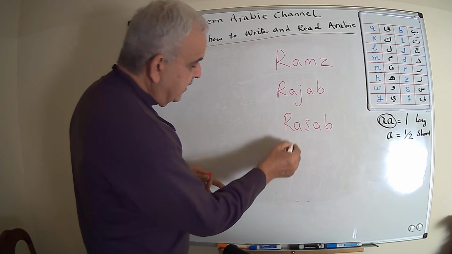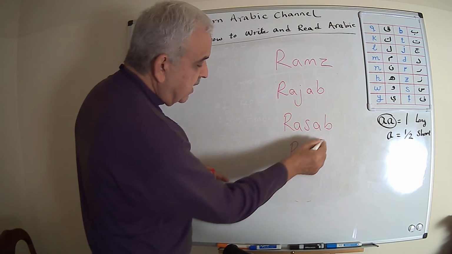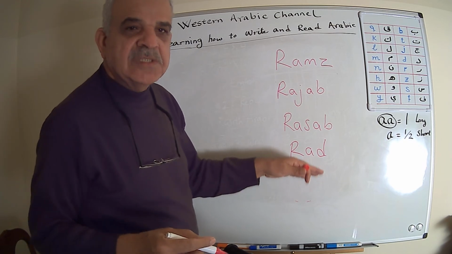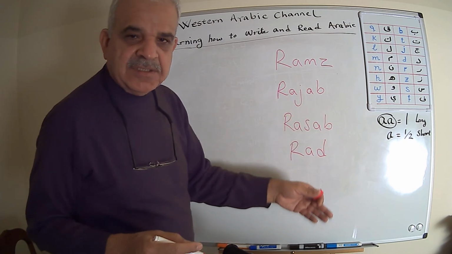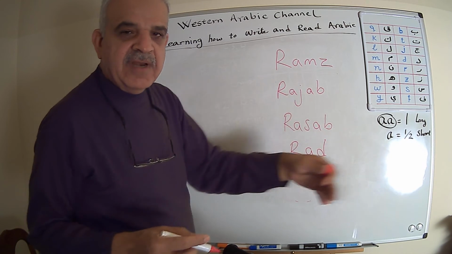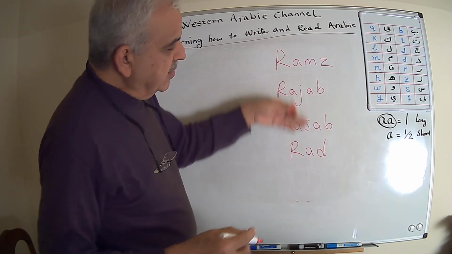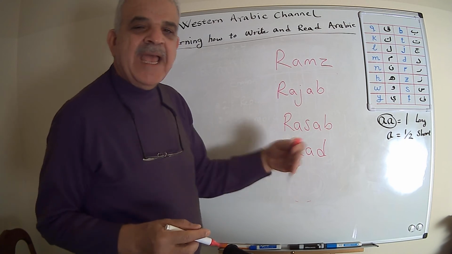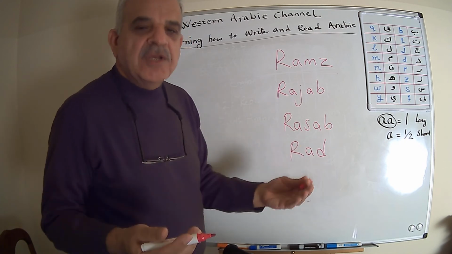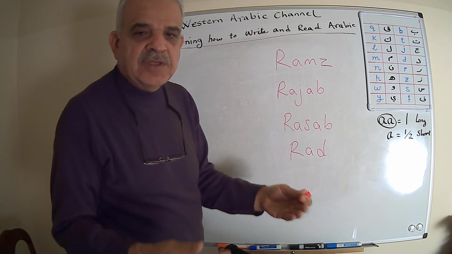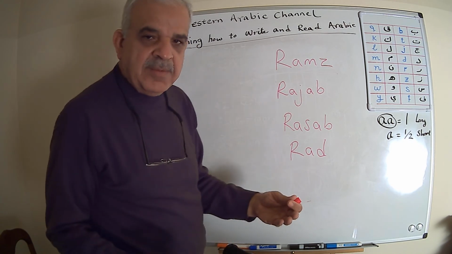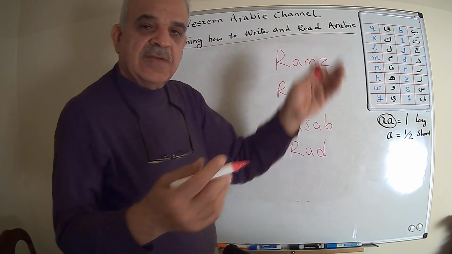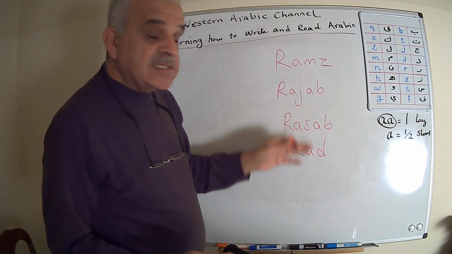We have the word rad, and this is a verb which means he answered. Rad, he gave an answer. So you can practice those, and you can practice any word, any spoken word, any fusha word, any word that comes to your mind in Arabic. Just please practice it. Prepare your chart, put it in front of you, and start practicing.